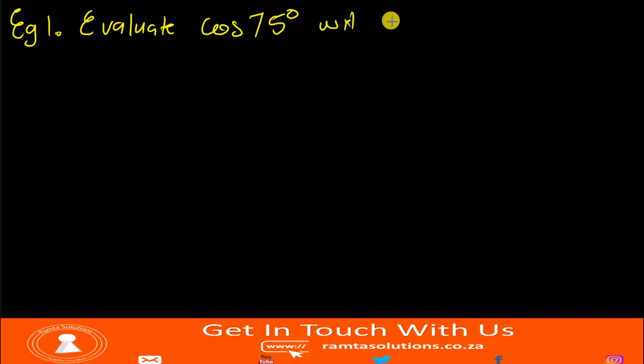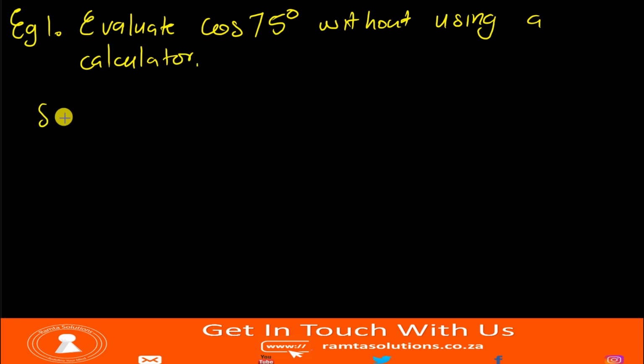I'm going to call this one EG1. Remember, the opening example: evaluate cos 75 degrees without using a calculator. So, what is our answer? We have cos 75 degrees.